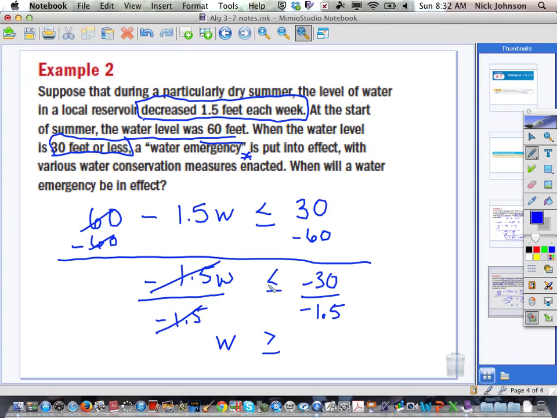So w is greater than or equal to a negative 30 divided by a negative 1.5 is equal to 20. So, at 20 weeks and more, that water emergency light's going to come on, or the sound's going to be made to tell people that they are in an emergency. They're losing too much water. So when will the water emergency be in effect? In about 20 weeks.